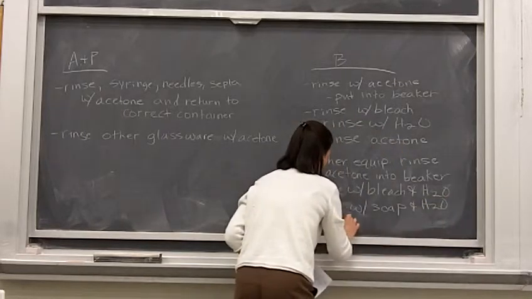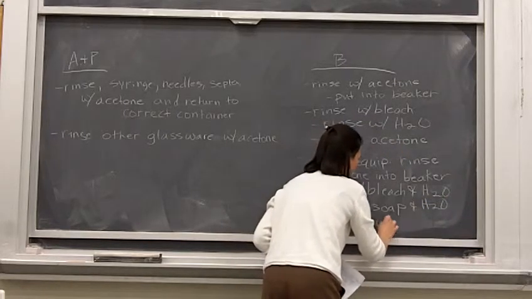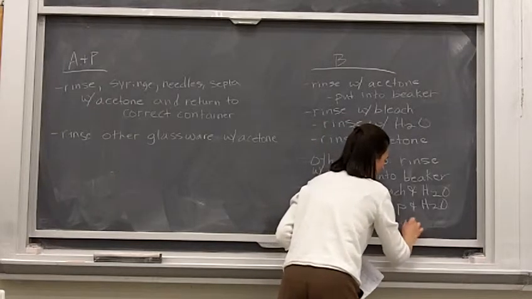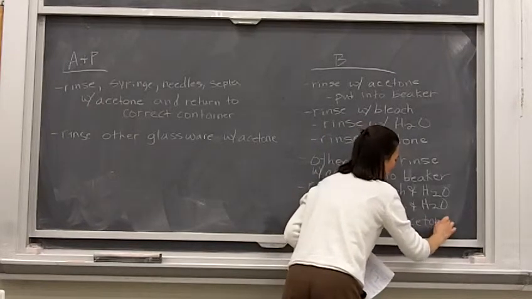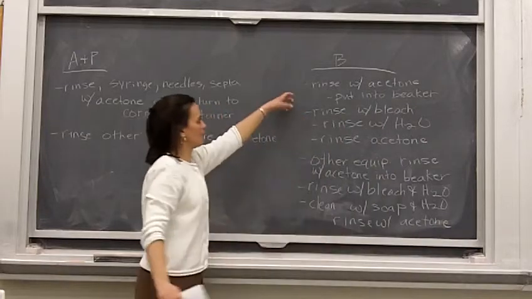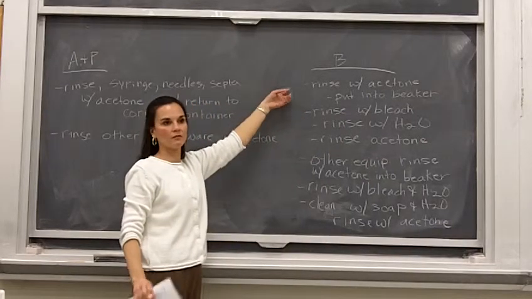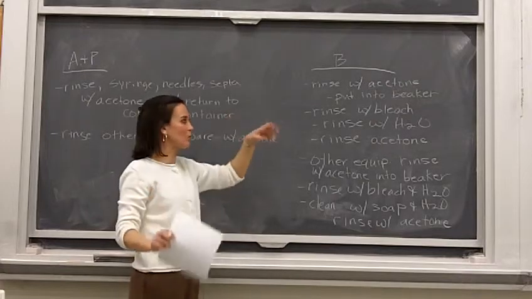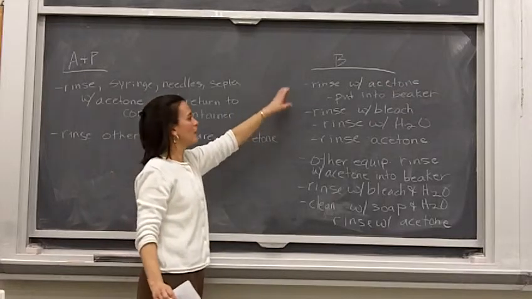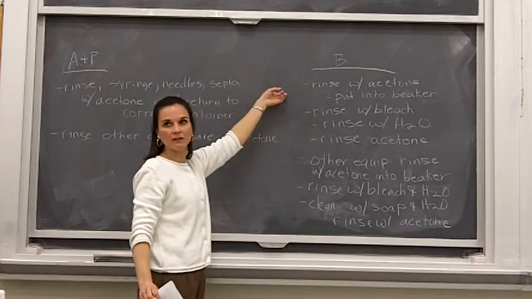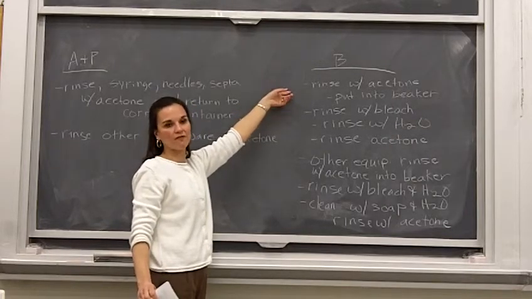And then rinse with acetone again. And again, this final rinse can go into the organic waste container, okay? This beaker rinse we're going to put into a special container that we're going to collect all the butyryl chloride stinky waste in, okay? So once you are completely done, we will retrieve that from you.